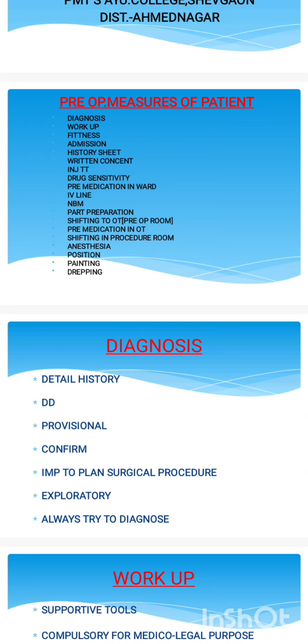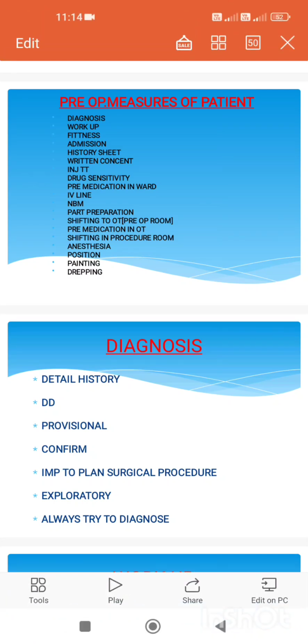In this particular heading, the first point is diagnosis, workup, fitness, admission means IPD, history sheet means case paper, written consent, injection TT, drug sensitivity test, pre-medication in the ward, IV line, needle by mouth, part preparation, shifting to the operation theatre complex, pre-medication in operation theatre, shifting to the actual procedure room, anesthesia, position, painting means cleaning the parts, and draping means covering the parts.